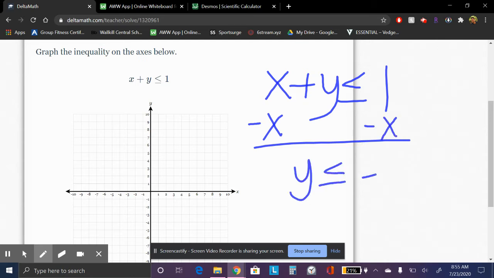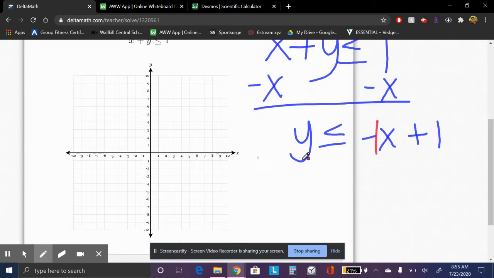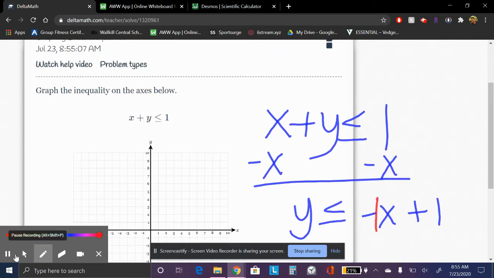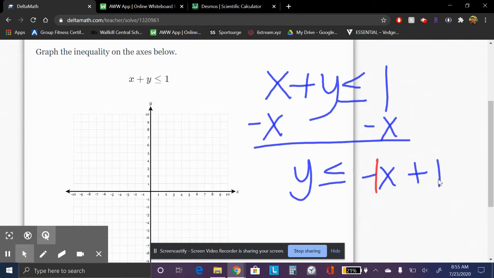So you get -x plus 1. You can put the 1 there to help you see. So you're going to start at 1, and you're going down 1 to the right 1.